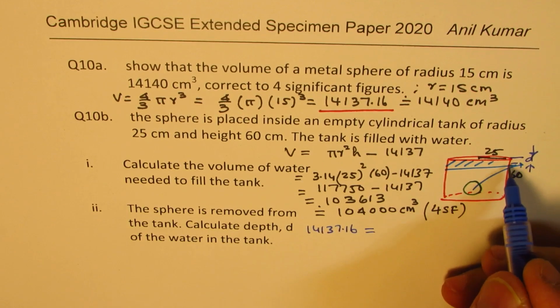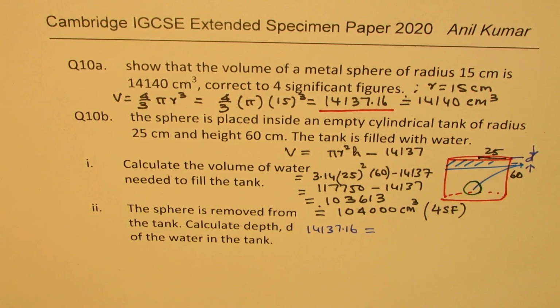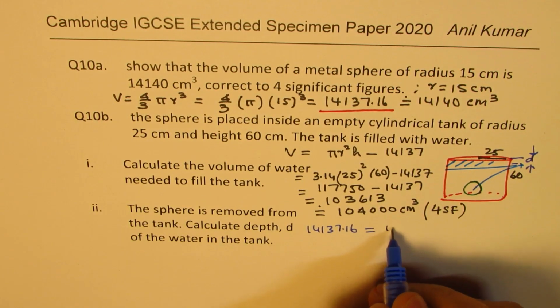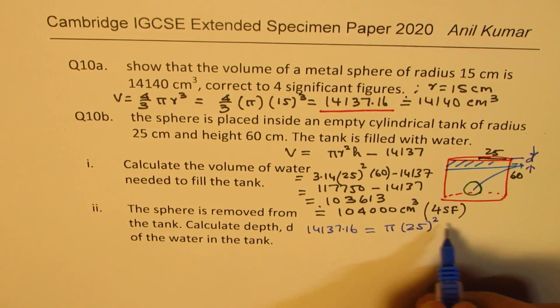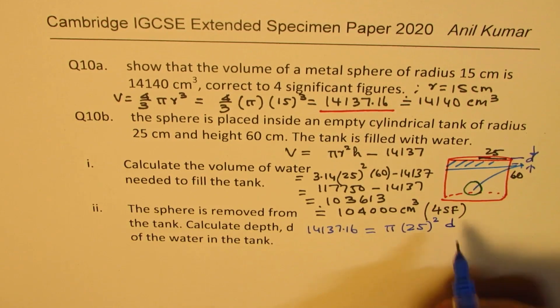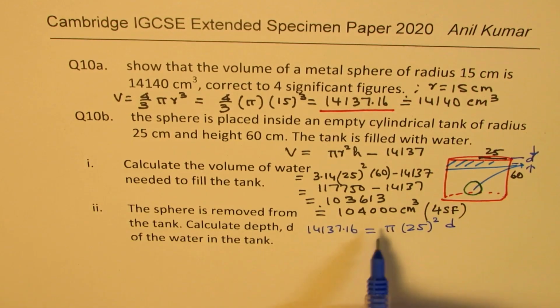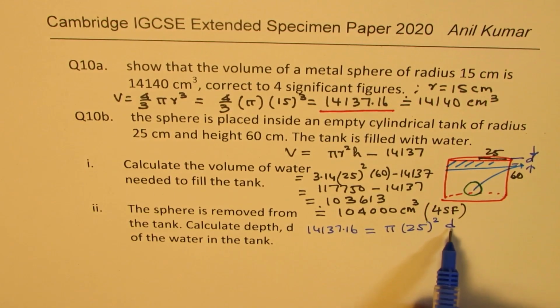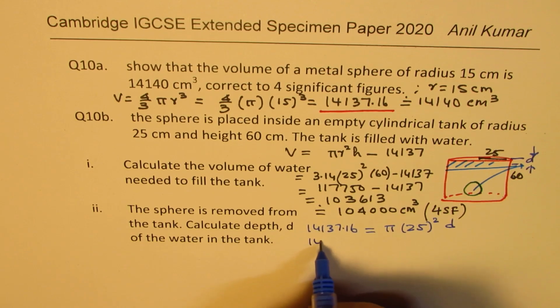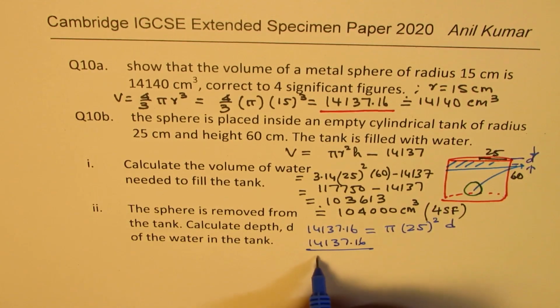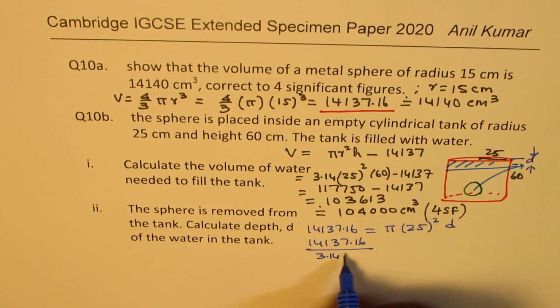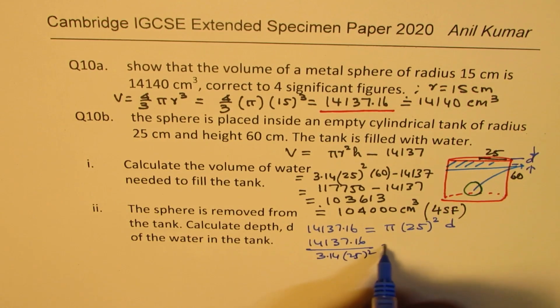So the volume decreased shown here will be pi r square h, which means pi, radius 25 square, and the depth d. Pi r square d. Now from here we can find what d is. So 14137.16 divided by pi, let's take it as 3.14, times 25 square.